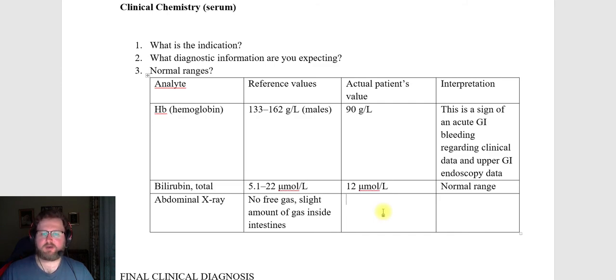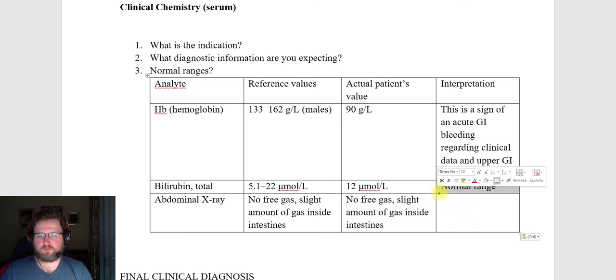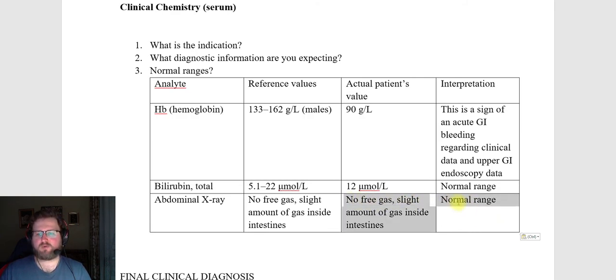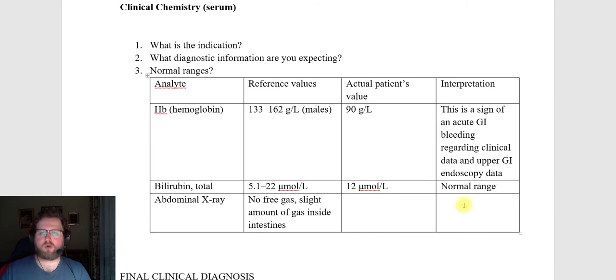If you don't see anything pathological in your patient, you can just switch to normal, and here you leave normal range. But if you identify pathology, you must describe what exactly you see pathological on his abdominal X-ray.